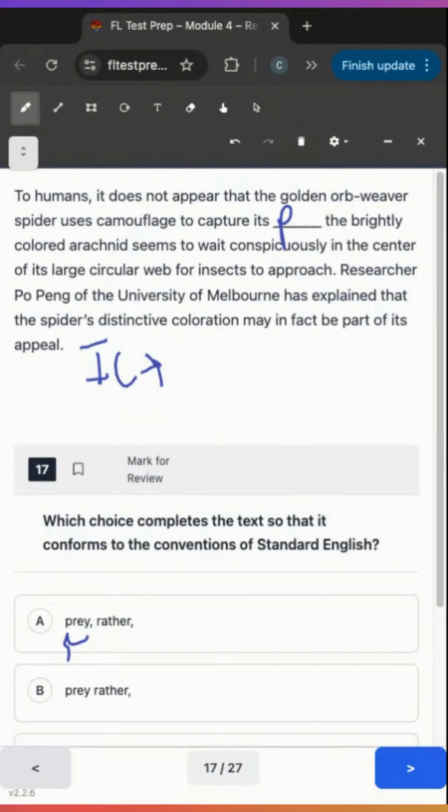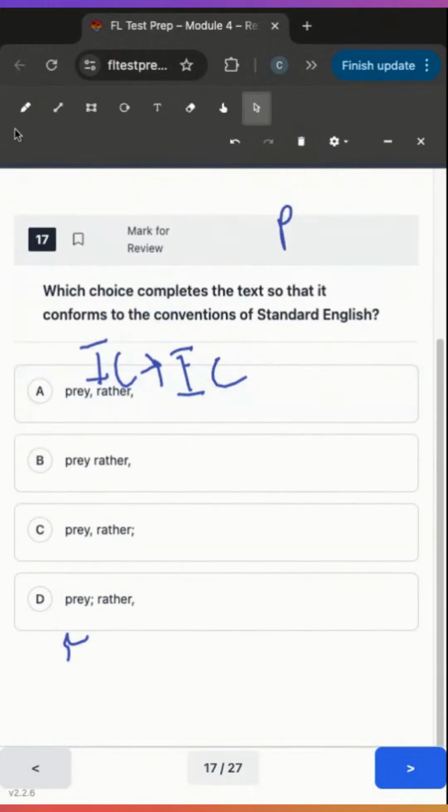Then let's take a look at the other one. The brightly colored arachnid seems to wait conspicuously in the center of its large circular web for insects to approach. That's a full sentence. Since we are separating two full sentences, a comma cannot separate two full sentences. So I know answer choices A and B are incorrect.